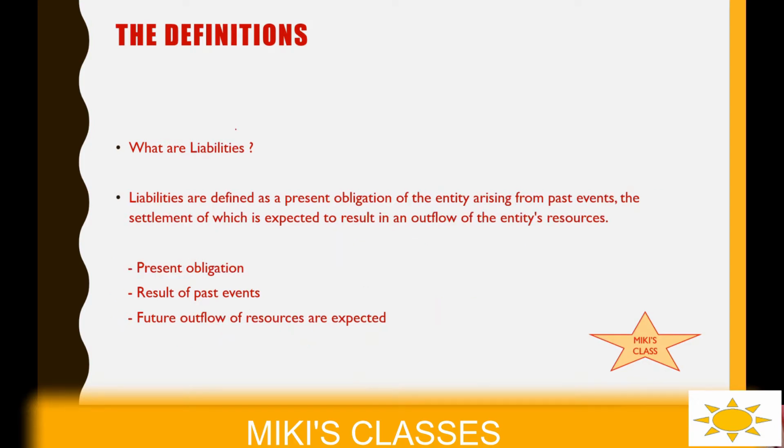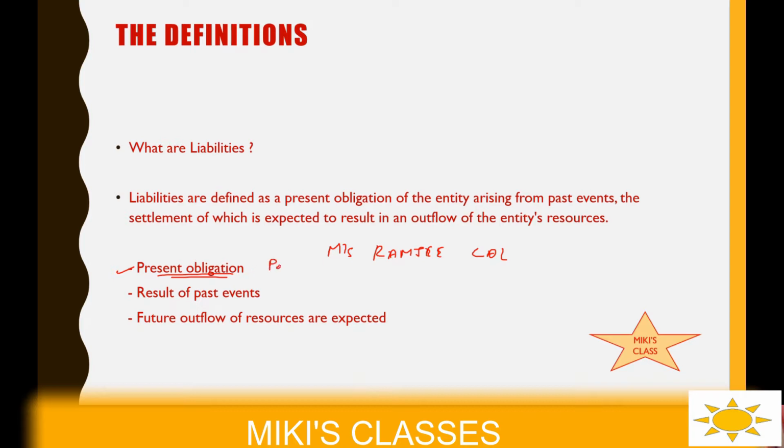So let's check now. Is it a liability? Let's check. Present obligation. Is it a present obligation for us? What is an obligation? Anything which we are bound to do, which we have to do. So there's a present obligation, right?